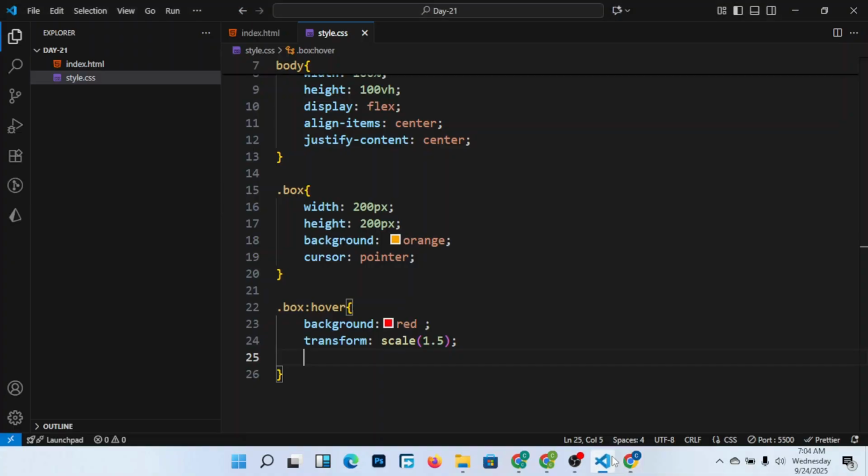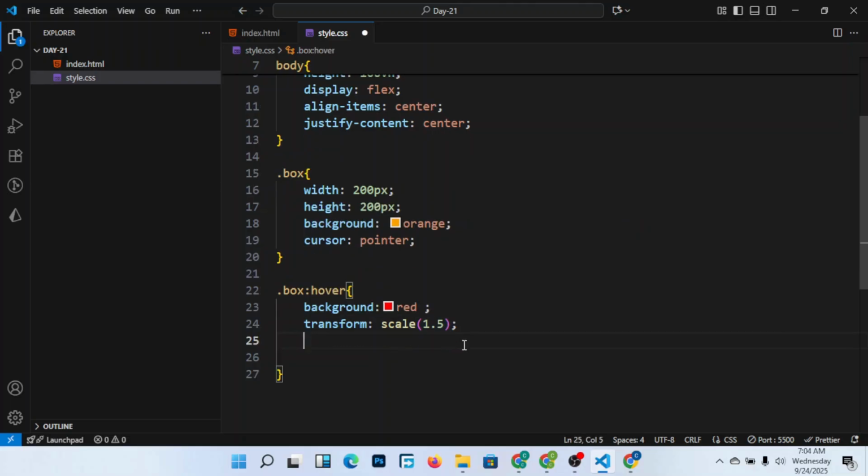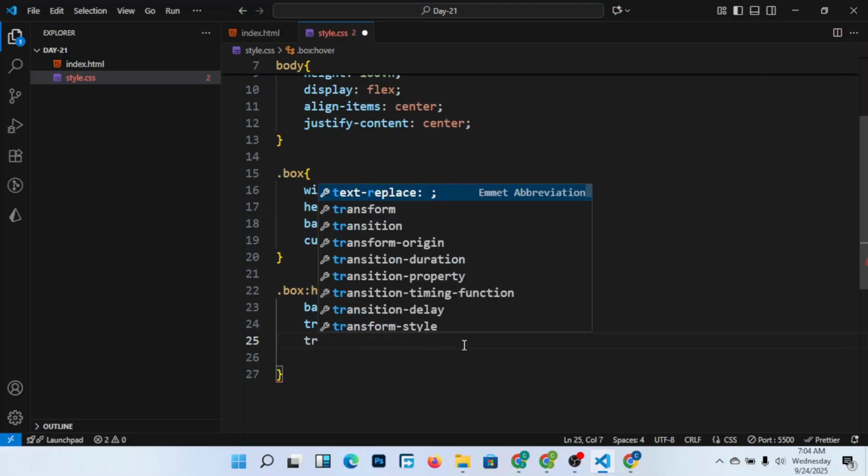So what am I going to do here? I am going to come here and say transition. Let me put it here and see if it can work.